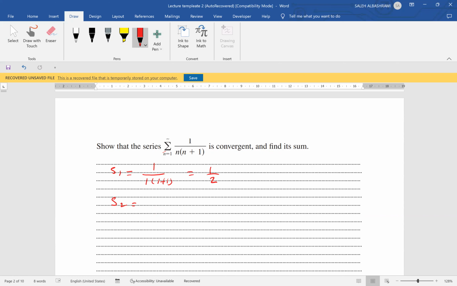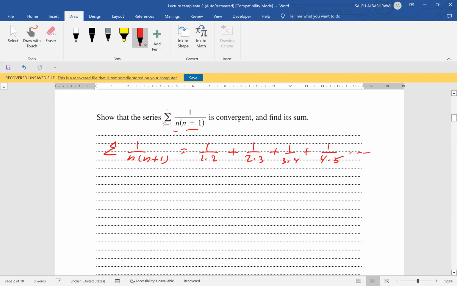This series, 1 over n times n plus 1, if we expand it, it will be 1 over 1 times 2 plus 1 over 2 times 3 plus 1 over 3 times 4, this is n plus 1, plus 1 over 4 times 5, and keep going in this way.